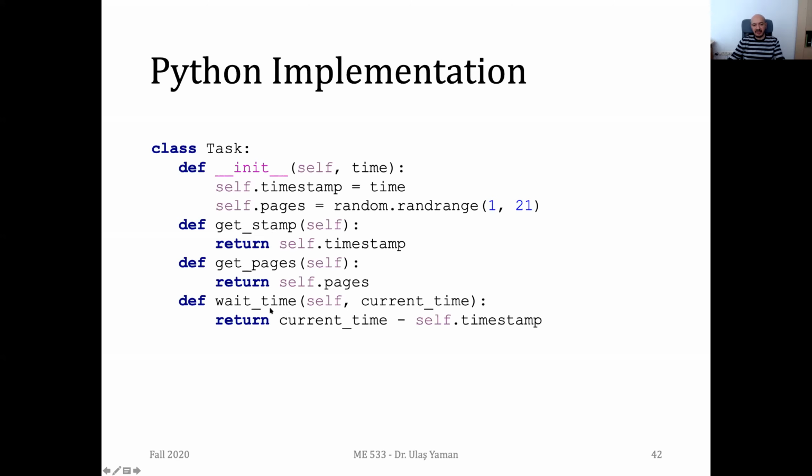So while submitting it, what we do, we simply subtract the timestamp, which was the property of our task, from the current time. So in our example, it was 43, and if the timestamp is 23, we do subtraction here.